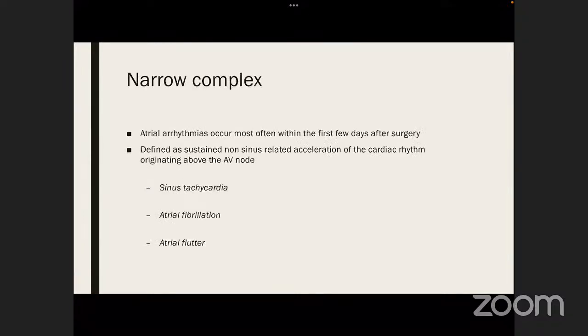For the narrow complex, it is defined as sustained non-sinus related acceleration of the cardiac rhythm originating above the AV node, hence supraventricular arrhythmia. The atrial arrhythmias occur most often within the first few days after the surgery. I'm going to talk about the most commonly seen arrhythmias: sinus tachycardia, atrial fibrillation, and atrial flutter.